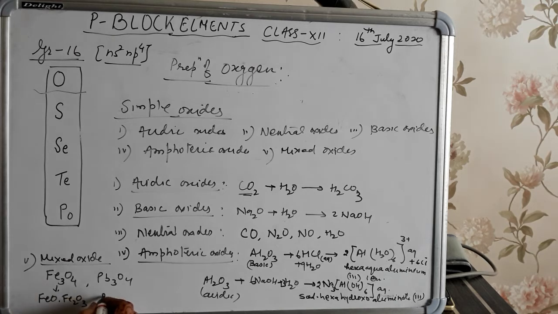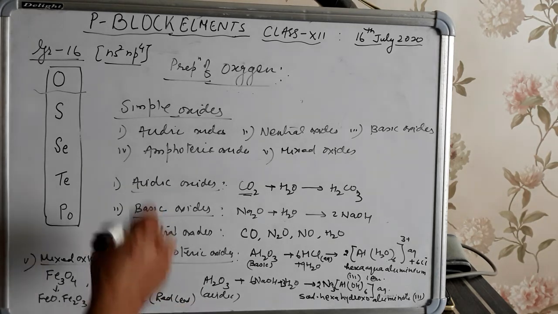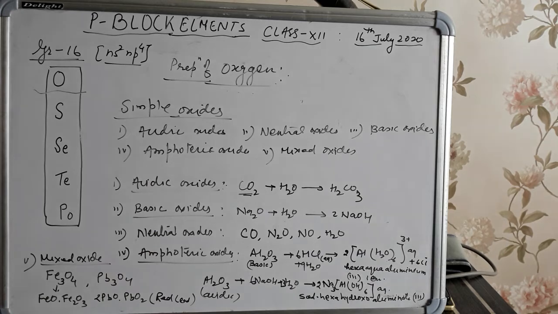Similarly, Pb3O4 is made of PbO and PbO2, and it is called red lead. So in this way you can give examples of so many oxides: acidic, amphoteric, basic, neutral, mixed, and so on.